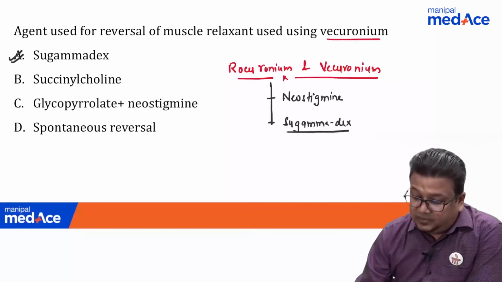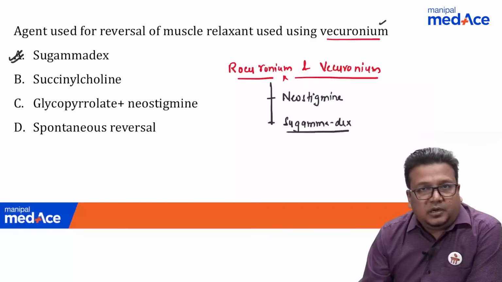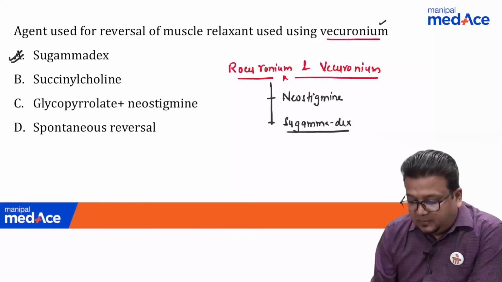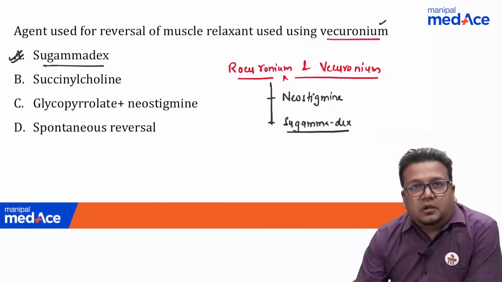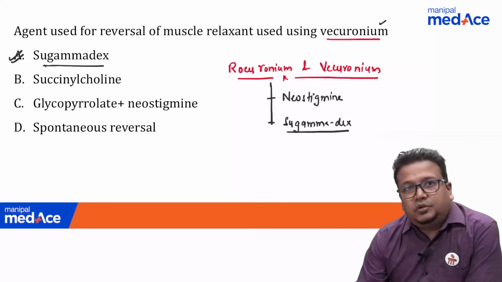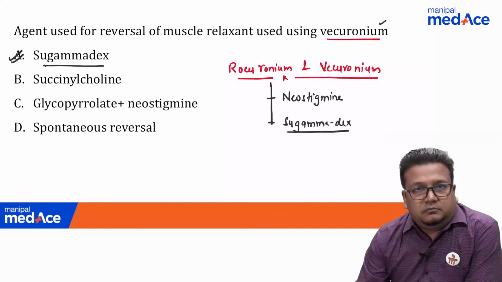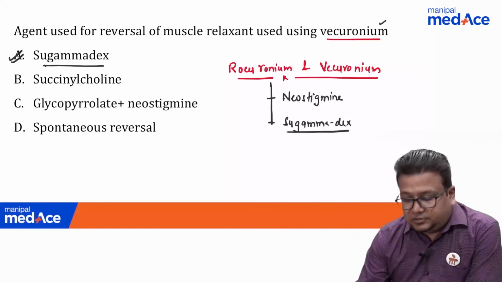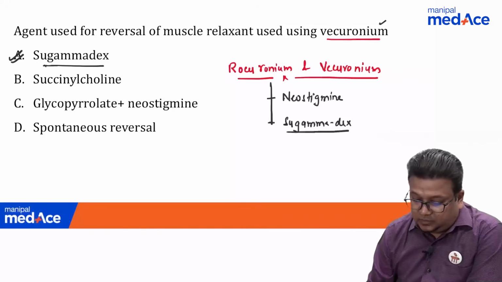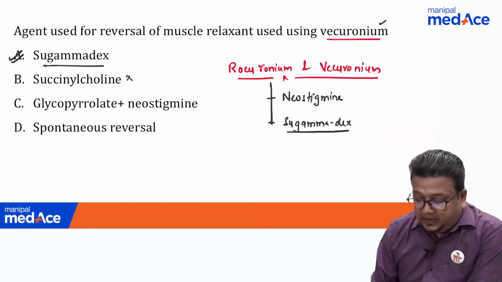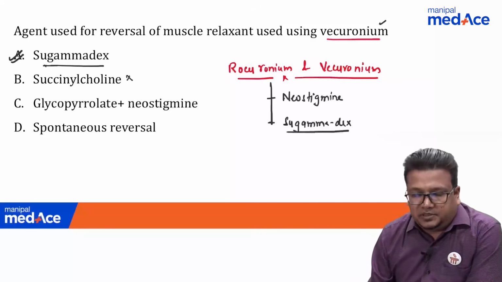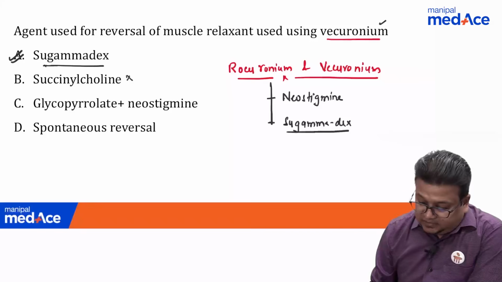Instead of rocuronium, in the question vecuronium was asked, but it does not make any difference. Sugammadex is very, very important, and in several questions in our MCQs, both in the main Q bank as well as in the crash course, this point has been discussed. So again, no confusion, succinylcholine action cannot be reversed, and glycopyrrolate plus neostigmine combination does not make any sense.